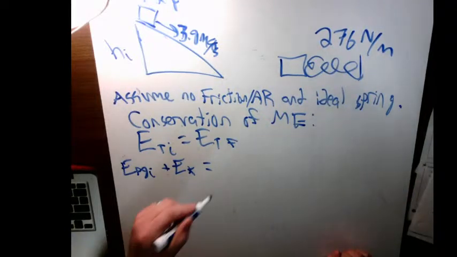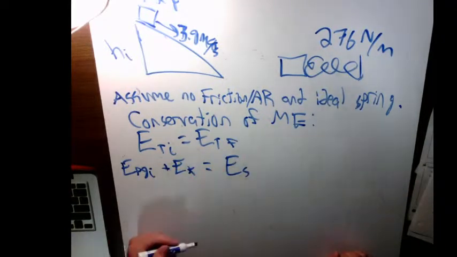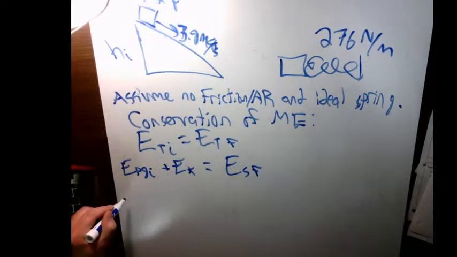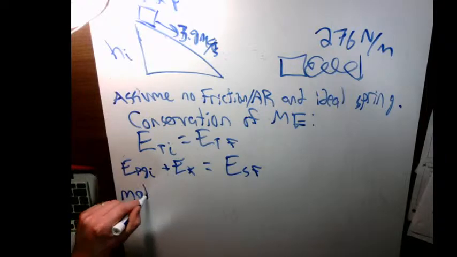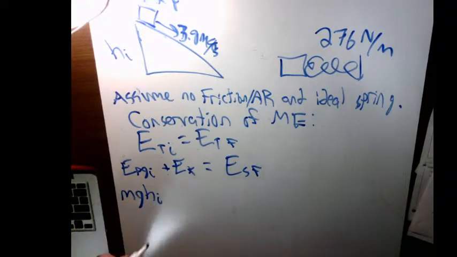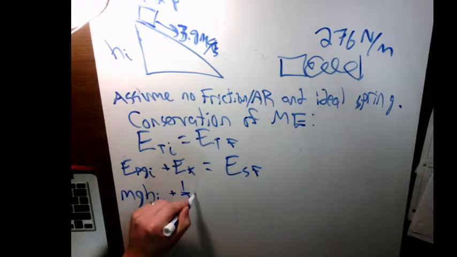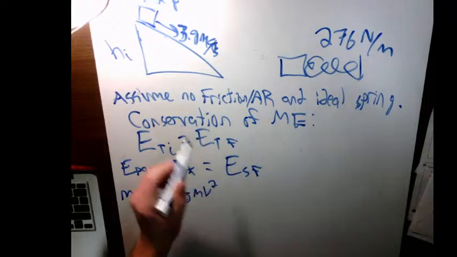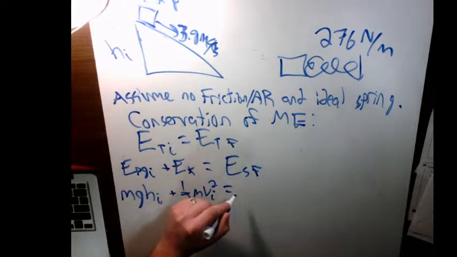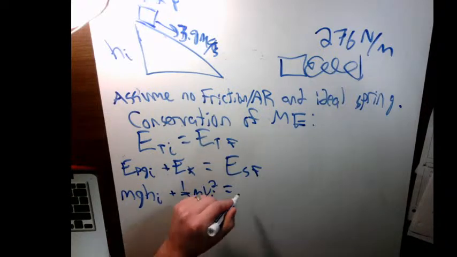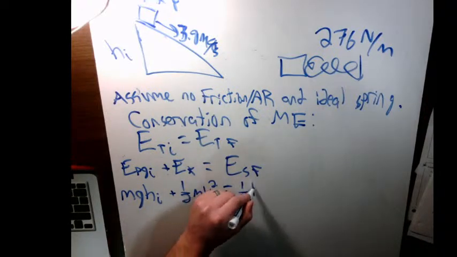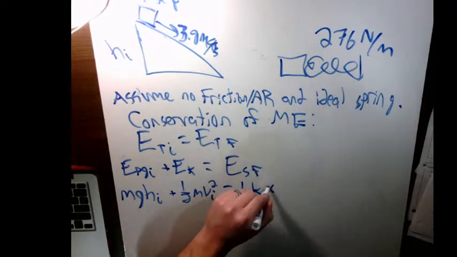All we have is our elastic energy. All right, let's break it up. Mass, gravity, initial height, plus half mass velocity at the start squared is equal to half spring constant x squared.